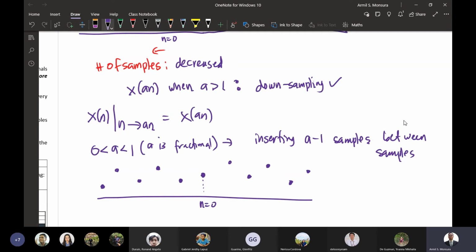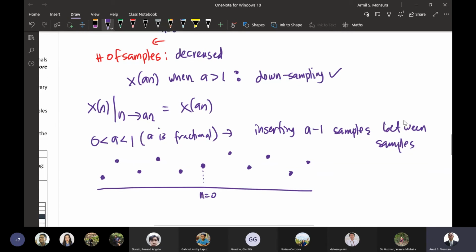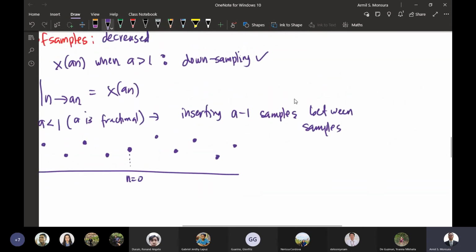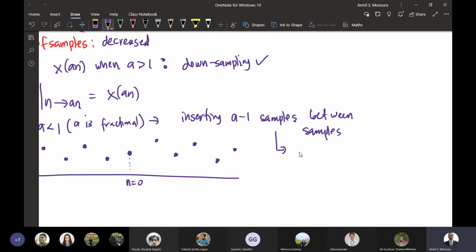Kung magsisingit ka ng sample, anong value ng sample ang isisingit mo? Okay, depende siya sa application. Pero ang options, ang common na options is yung samples na yan may be zeros.